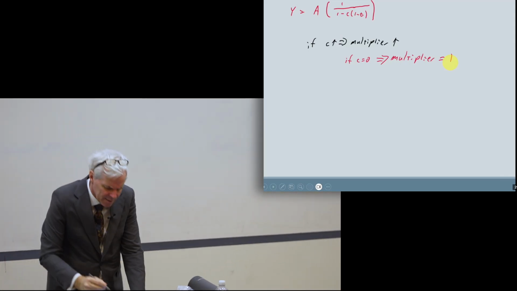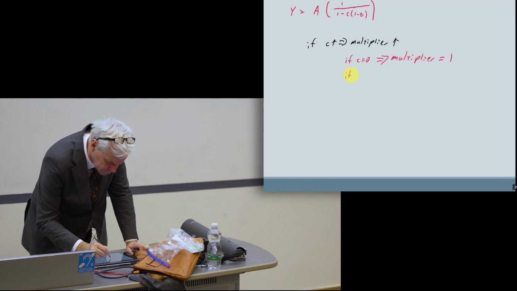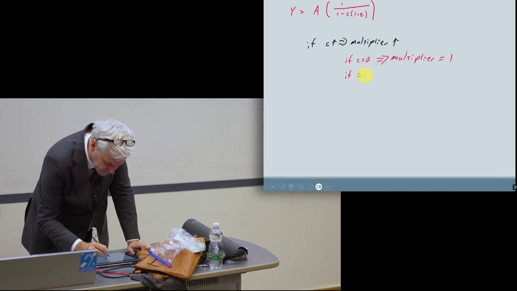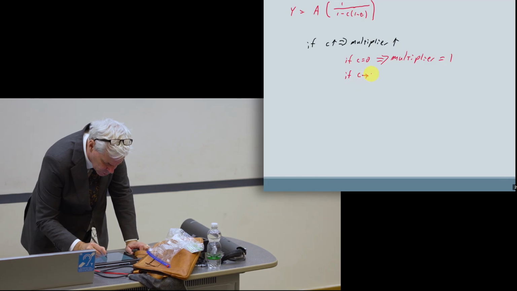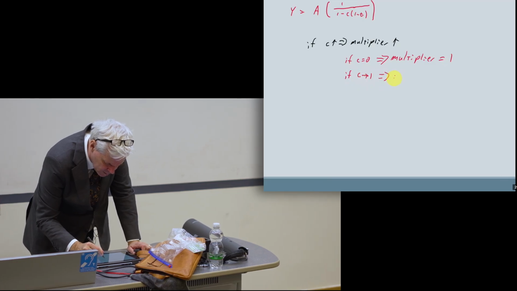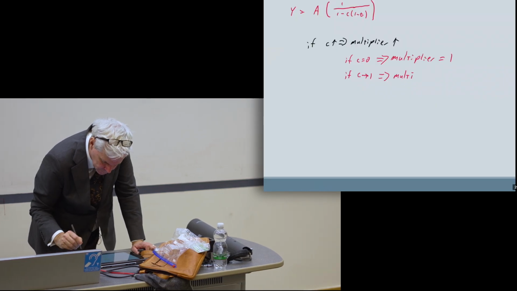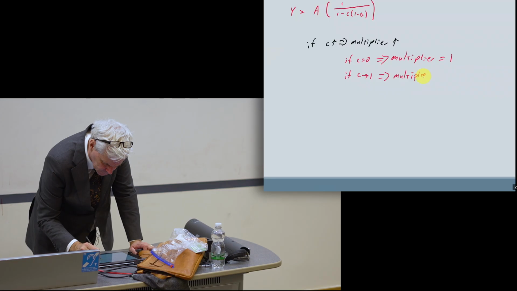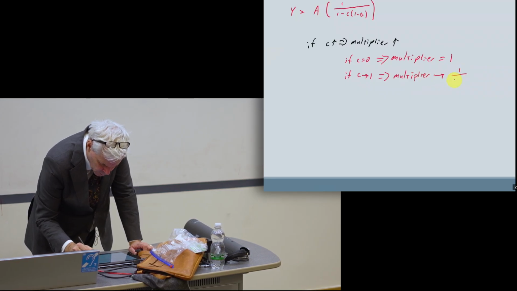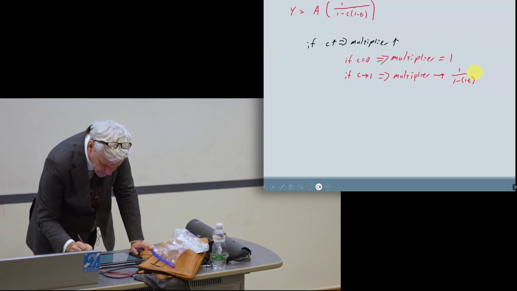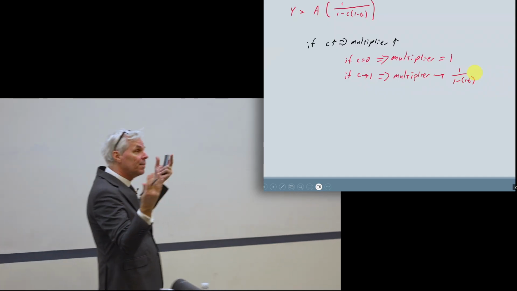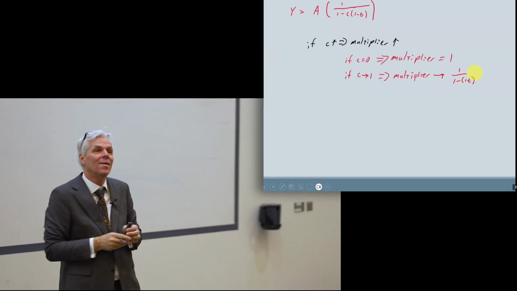And then if C goes in the direction of 1, then the multiplier goes in the direction of 1 over 1 minus the tax rate, in the limit, for your calculus people.